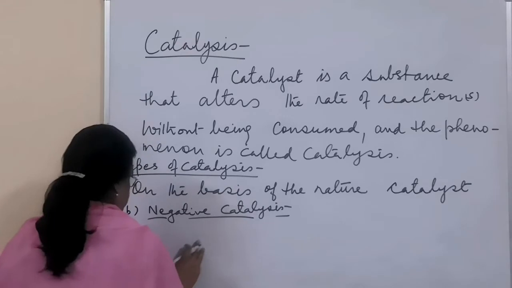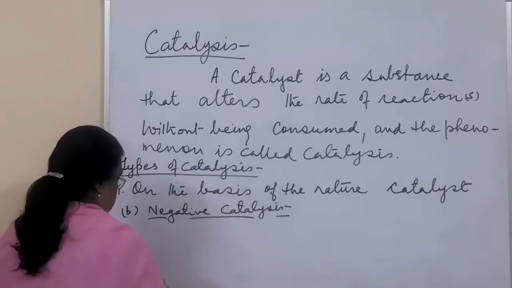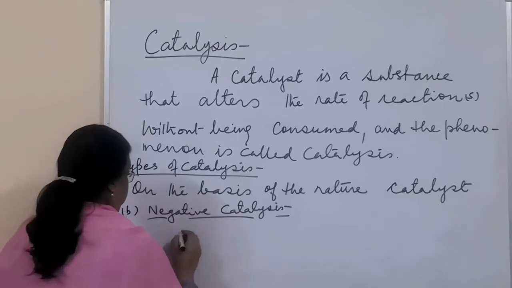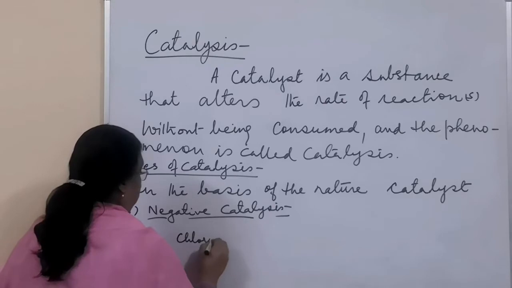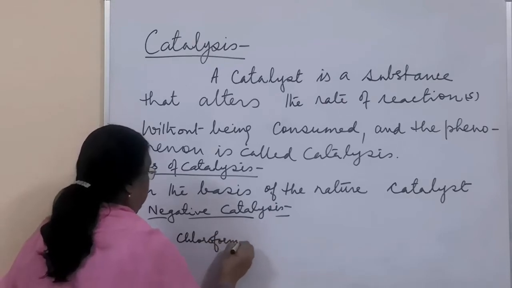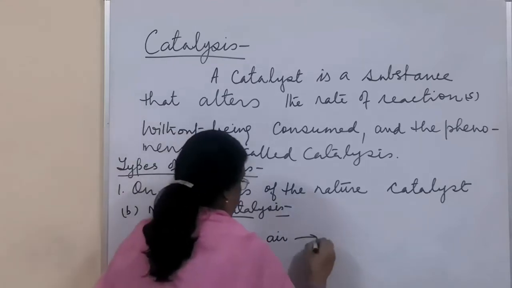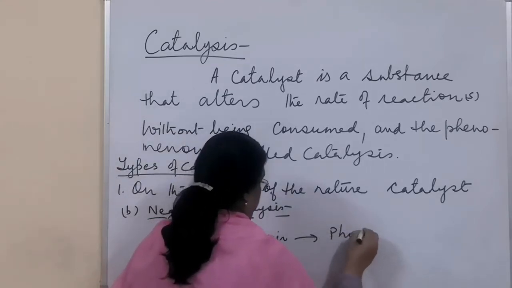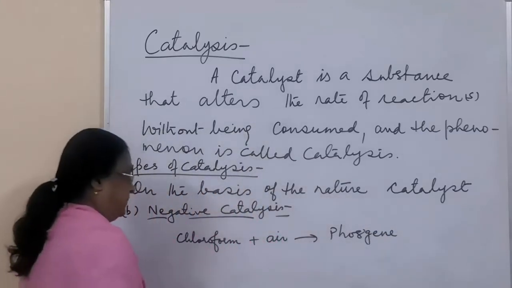One example very common you have studied last year, this year also: chloroform in the presence of air forms phosgene, and this phosgene is a poisonous gas.